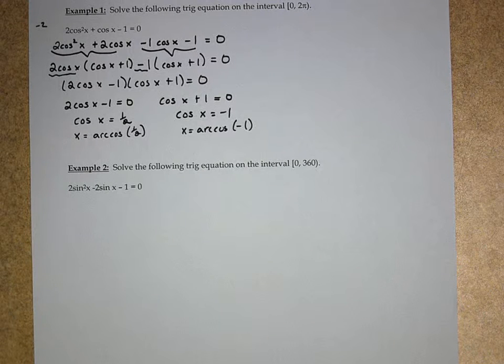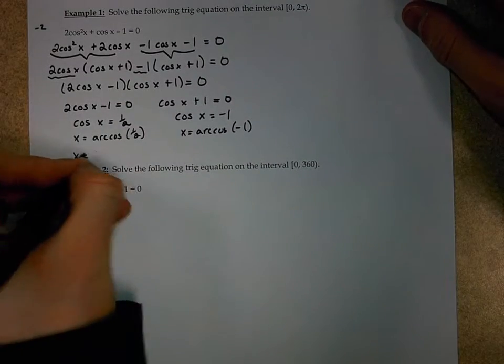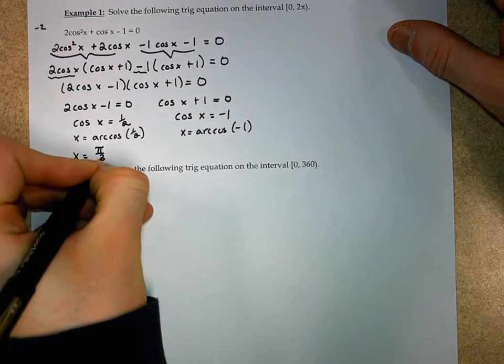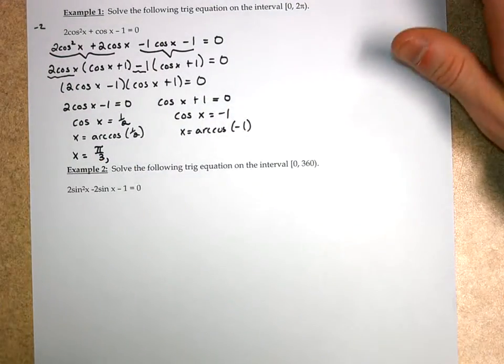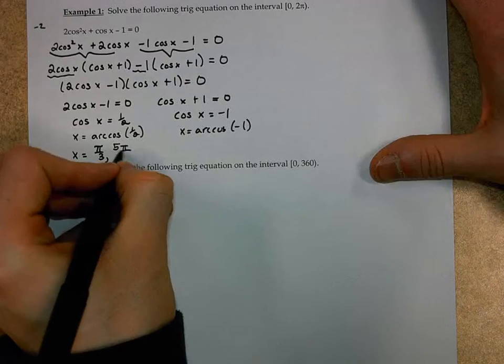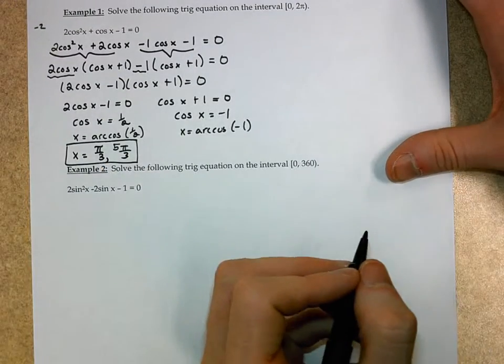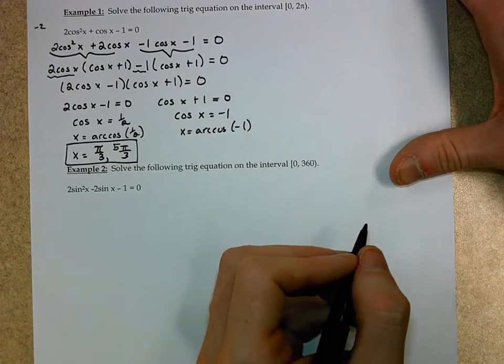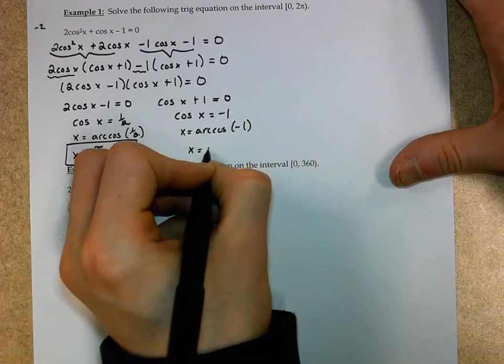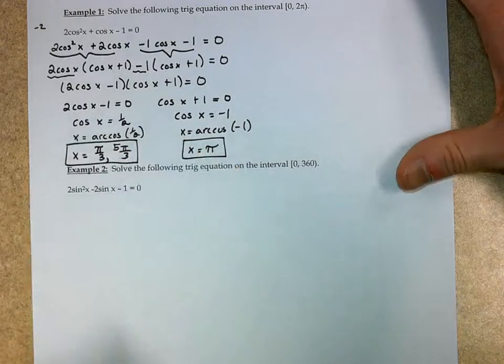And so as we solve that, our answers will be in the first and the fourth quadrant. So our cosine is going to be a positive 1/2 at pi over 3, and also in the fourth quadrant, which would be our 5 pi over 3 value. And where do we have the arc cosine of negative 1? Well, that's going to be at x is equal to pi.